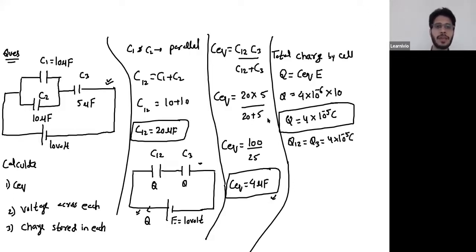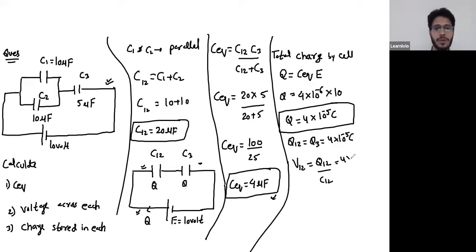We can as well calculate the voltage across each capacitor. So Giovanna, how would you calculate voltage across C12, V12? V12 is Q by C12. Very good. Q12 by C12.